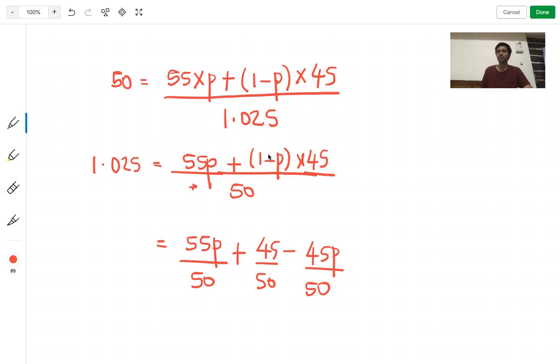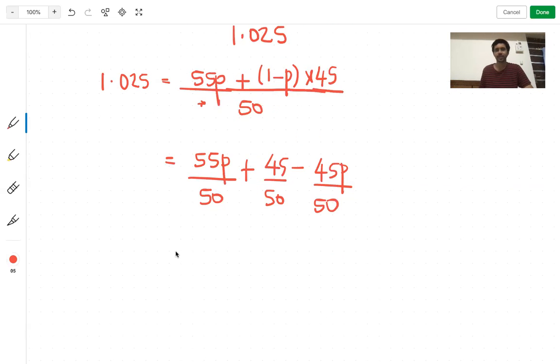All I've done is split the numerator and denominator into the separate components. 55 by 50 is nothing but U, so UP, plus 45 by 50 is 0.9, which is D, sorry. 45 divided by 50 is 0.9, which is D, and minus I have DP again. And then on the left side, 1.025 is nothing but R.